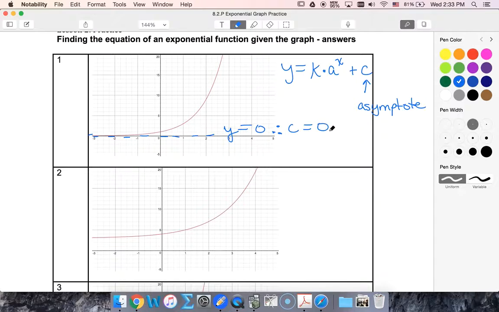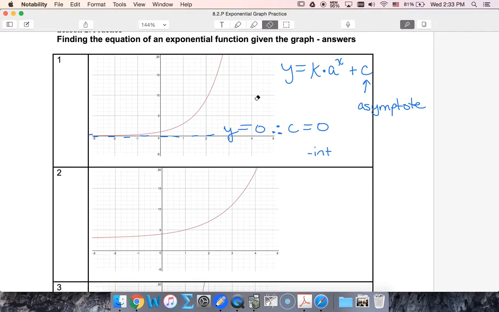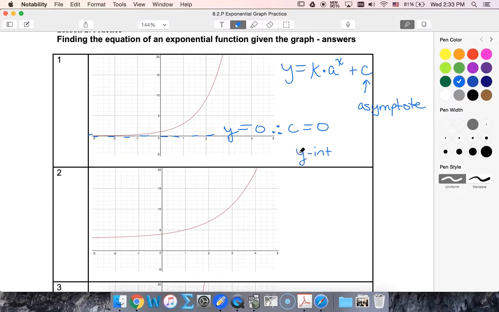Now, if we think about the y-intercept, remember that y-intercepts happen when x is equal to 0.